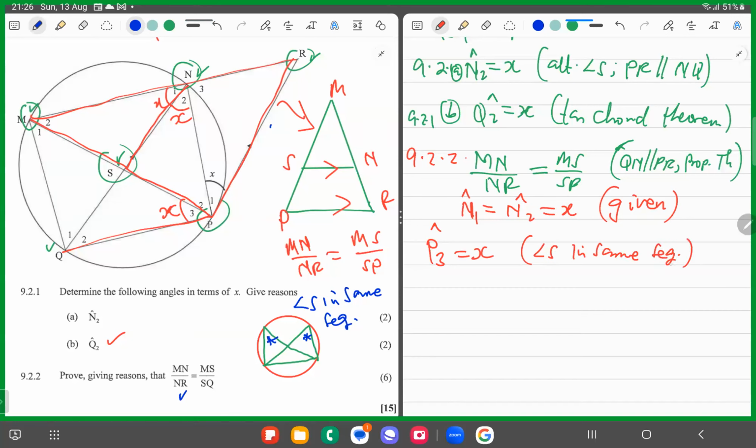So B3 equals D2. Angle F1, this one, is equal to angle D2. Exterior angle of a cyclic quad.